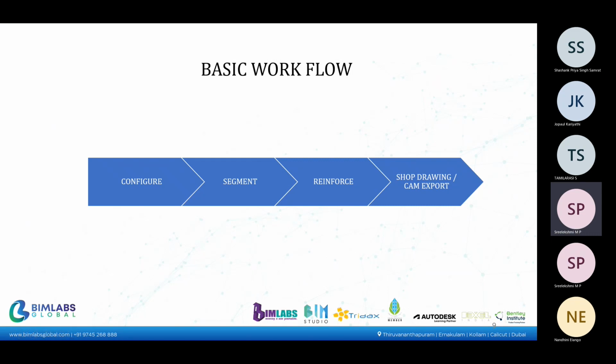If we want to customize the segments by length, we can do that, and after that we provide the reinforcement, which is also customizable. After that we can take the shop drawings or create any other views, and we can export to CAM, a computer manufacturing system. These are the tools available in Revit Precast.